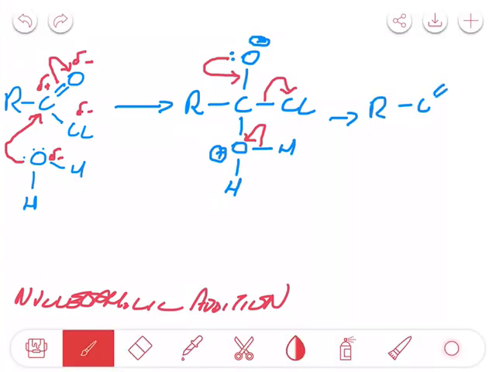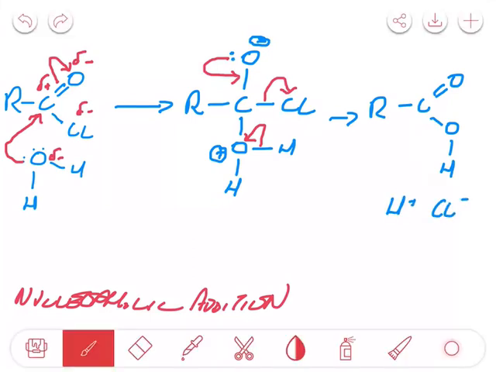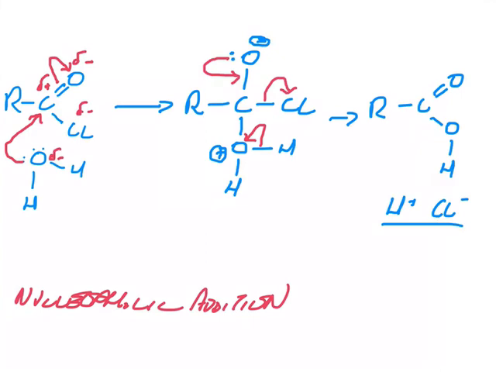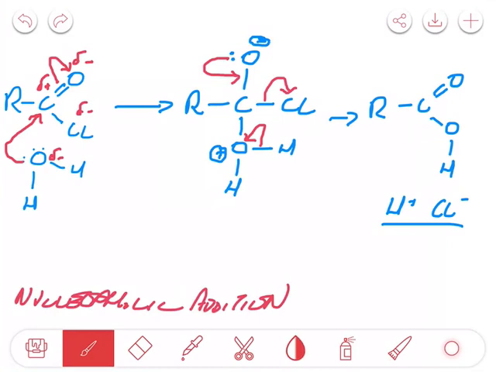So R, C, O, the chlorine has come off, and I've got O, H, and then I've got H plus Cl minus, or you could write that as HCl. So I hope you can see that we've eliminated the HCl in this second stage of things.